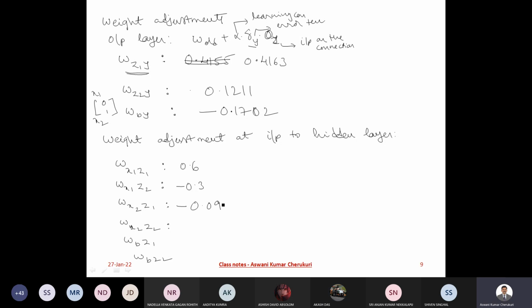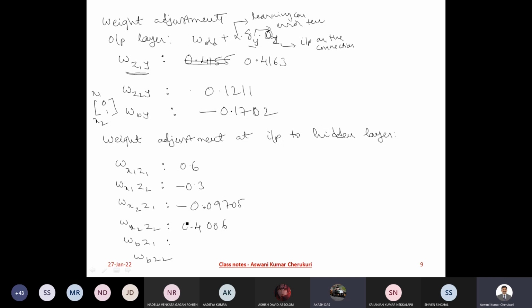I think it is 0.9705, something like that. It is X2 Z1. And similarly X2 Z2, that would be around 0.4006.